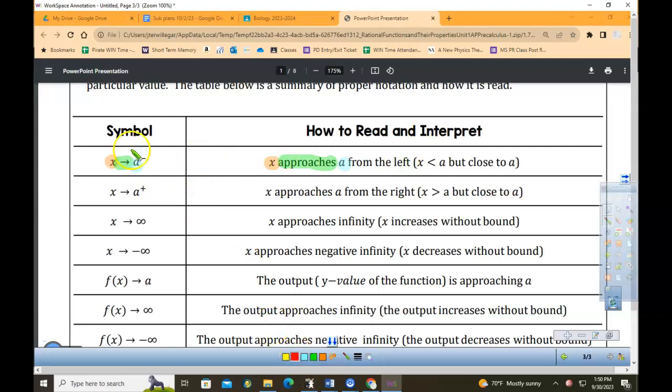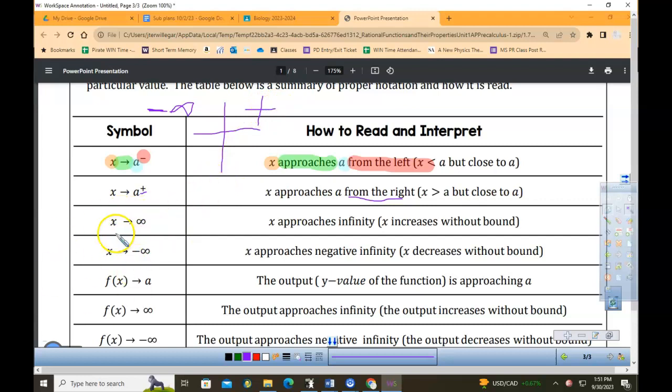Now that negative on a graph, negative is on the left side, right? If I ever draw it, xy coordinates, over here is negative infinity. So that negative says, as x approaches a from the left side, from the negative side. Whereas this one would be x approaches a from the right, the positive side.